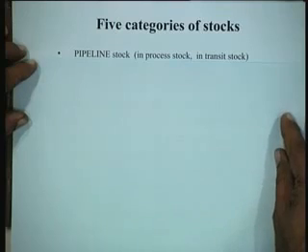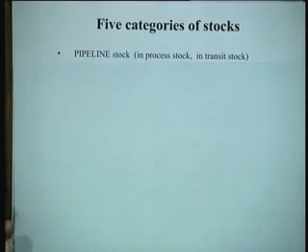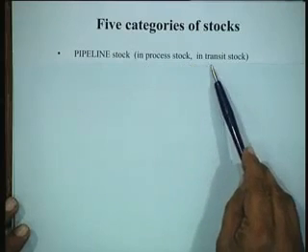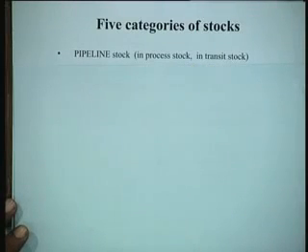For instance, the first category of stock, and one of the major purposes of inventories, is what we call pipeline stocks. That is in process stock or in transit stock. What we mean by this is that you take the analogy of a pipeline which is used to supply water, for instance. You will never get water at the tap unless the pipeline is full.